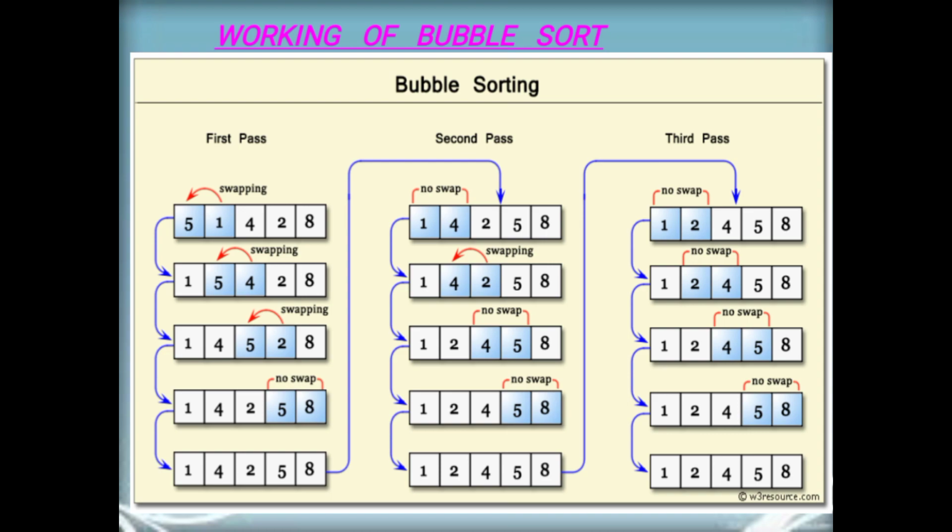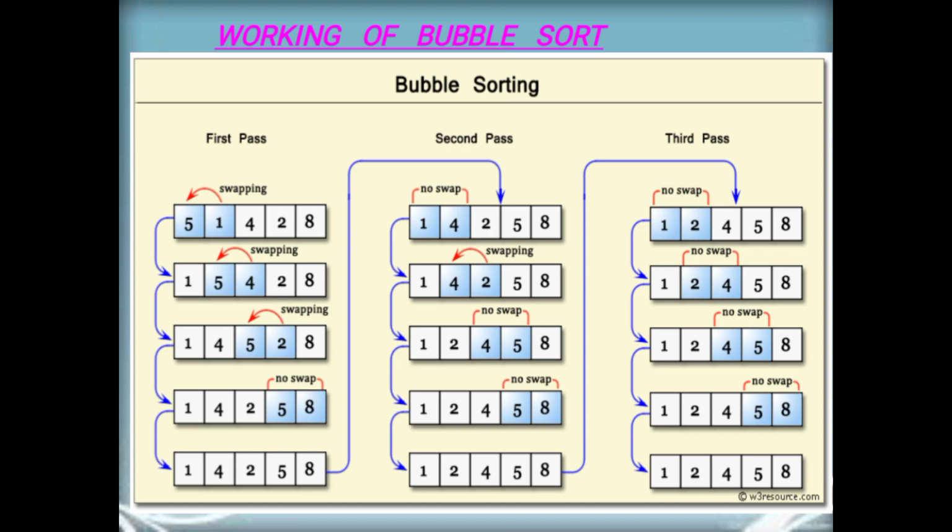After exchanging the elements, 1 comes in the 0th position and 5 comes in the first position. Next, compare the elements 5 and 4. We need to exchange these two elements also.